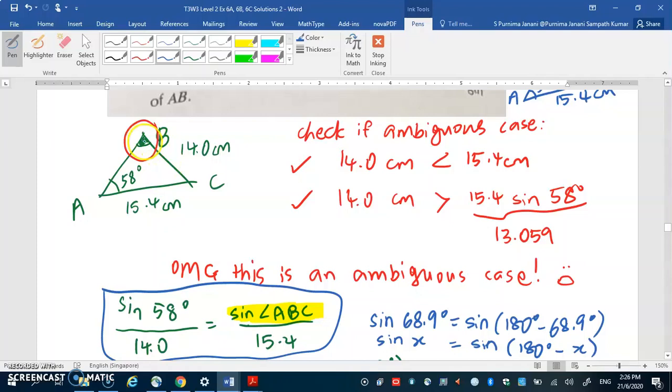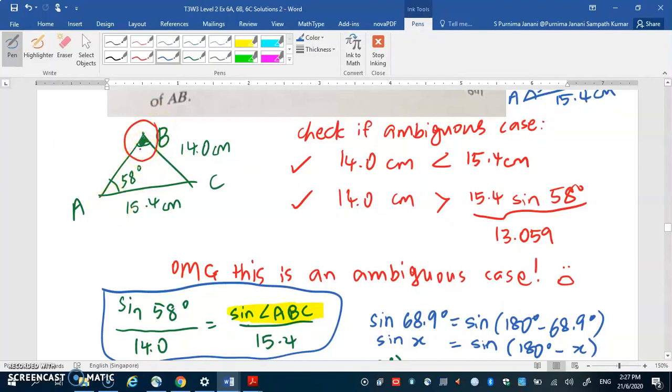Same thing, if this angle was 68.9, of course it works because 68.9 plus 58 is still less than 180. But let's say you use this method, and you find the obtuse and the acute angle, and then you realize that your second angle is, let's say, 140. Can this angle be 140? Cannot, because 140 plus 58 will be more than 180.